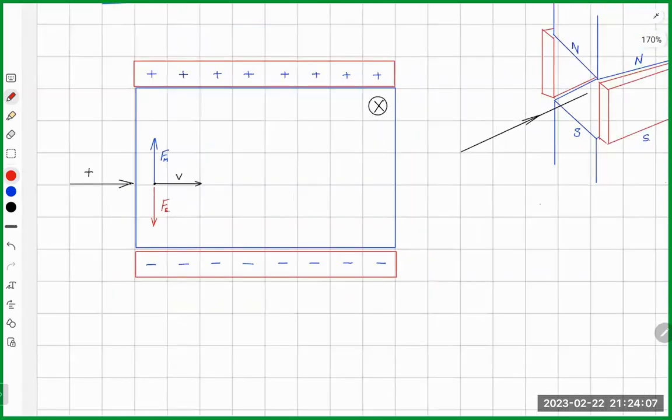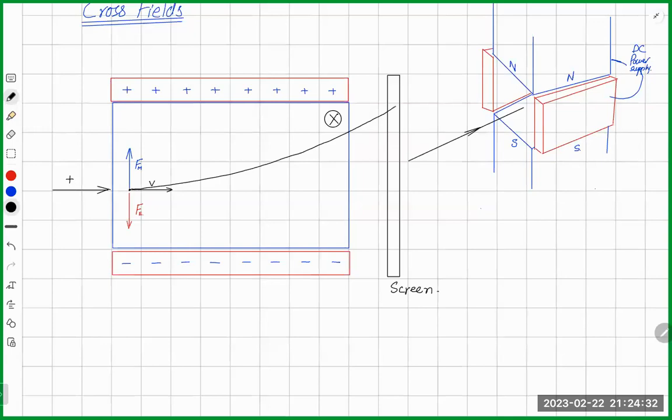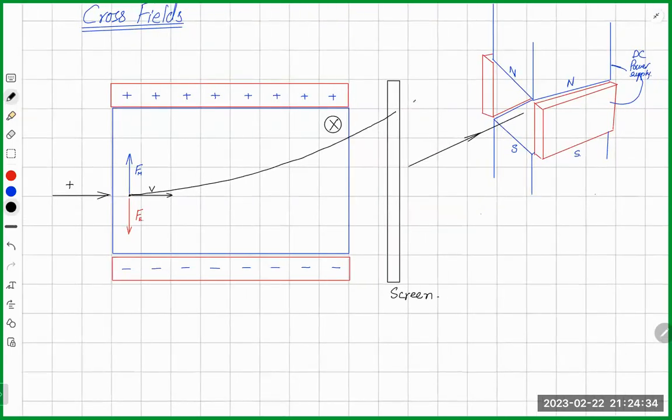So here we have a screen. This is a screen. Some of the charged particles end up here, X. Some end up over here.